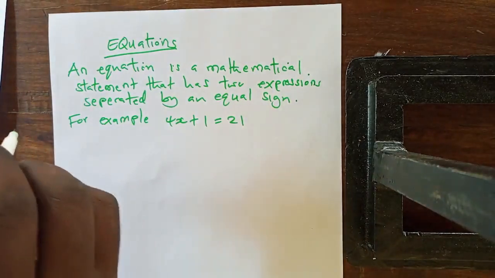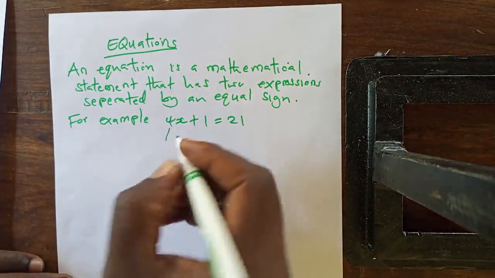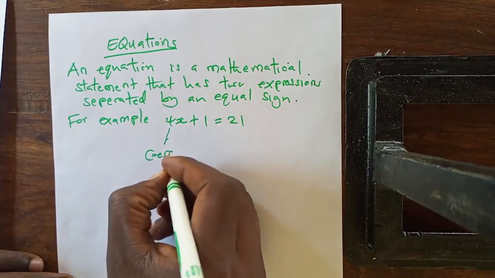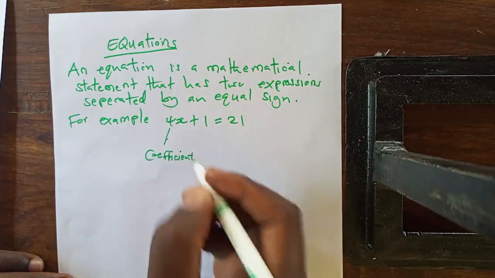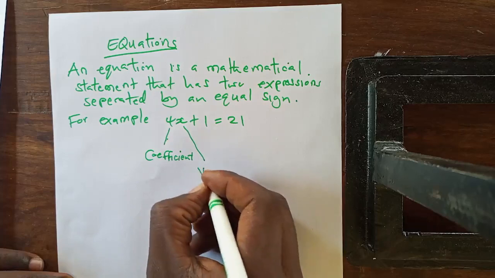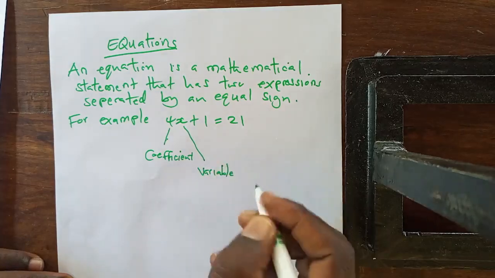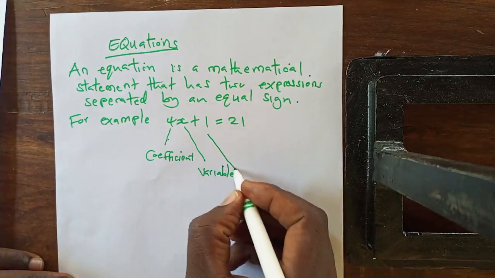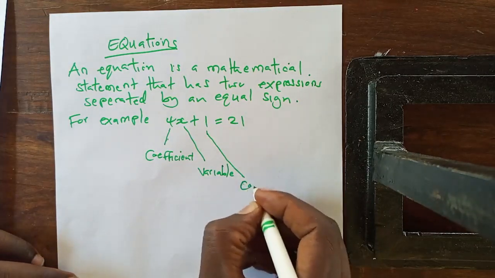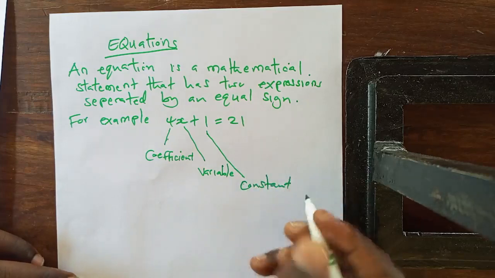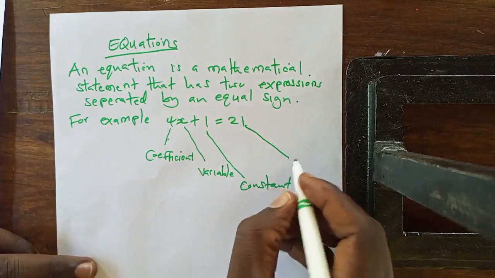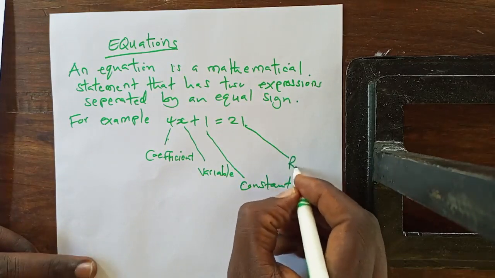So in this case, this one is the coefficient, and x here becomes the variable, and 1 here becomes our constant, and 21 here becomes our result.